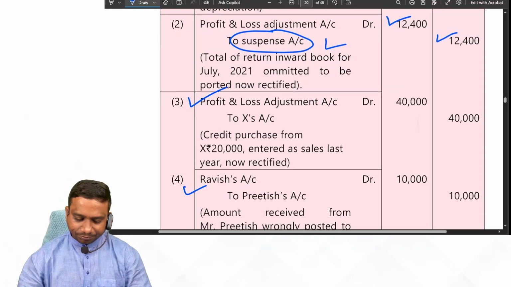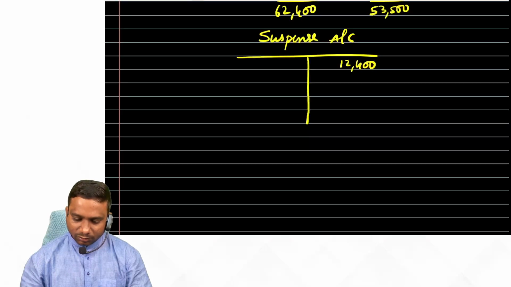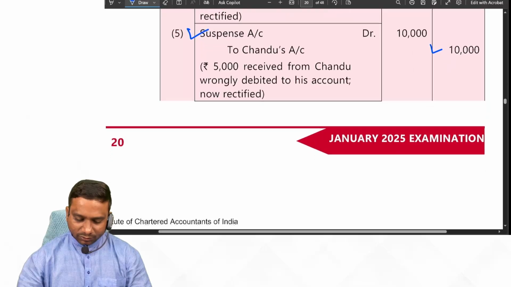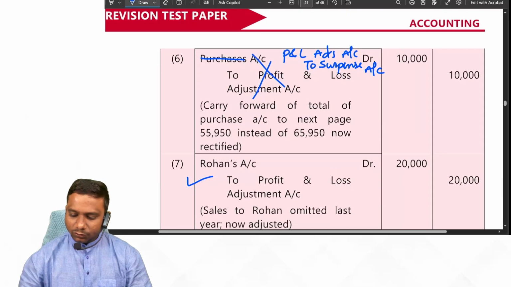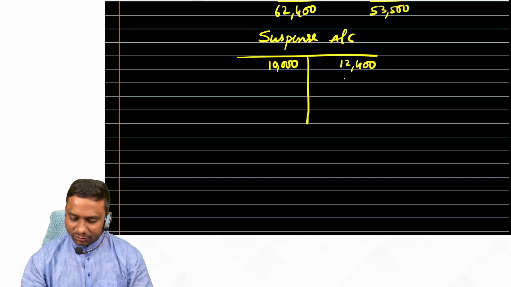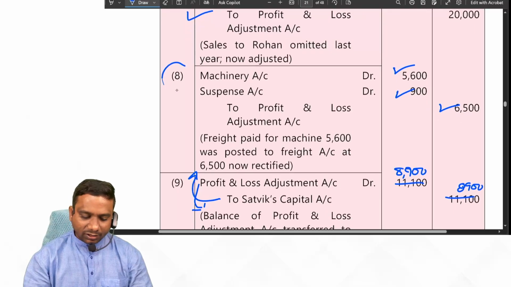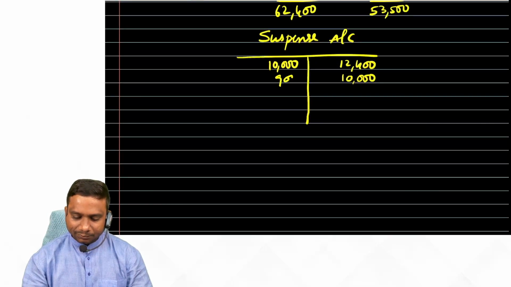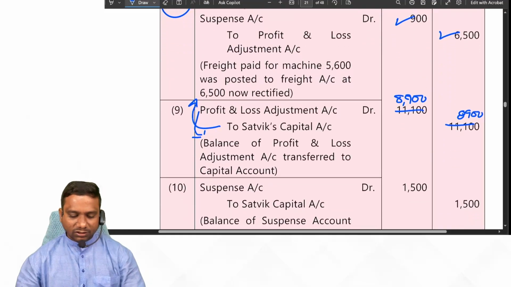Next one, suspense account debit 10,000. Next one, here also suspense account credit 10,000. Next one, eighth entry, we have suspense account debit 900. Suspense account debit 900.